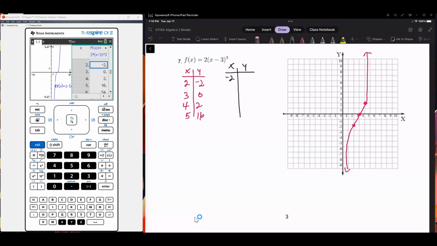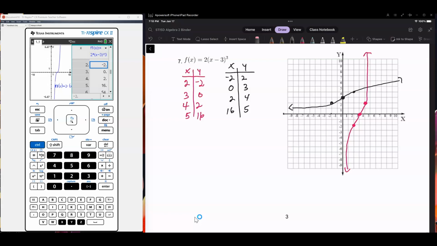So we have -2, 2, 0, 3, 2, 4, 16, 5. So we have -2, 2, 0, 3, 2, 4, and then of course 16, 5 we can't draw it. So it looks something like this.